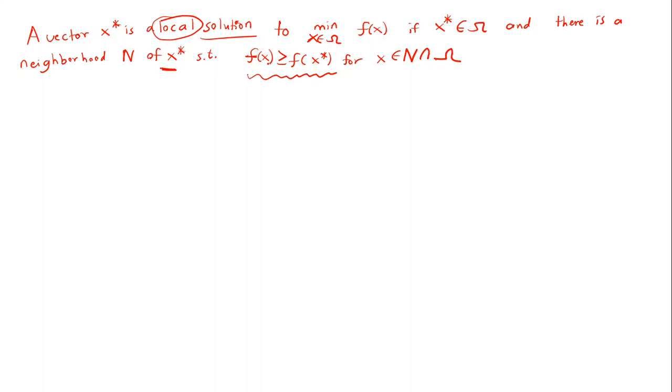What would that even mean if it didn't mean that at least among the values of x that satisfy the constraints and are nearby this point, this point causes the objective function to be a smaller value than do other points. But we also have more than that, because we have to make sure that our x star, this solution of this optimization problem, has to be in the feasible region.